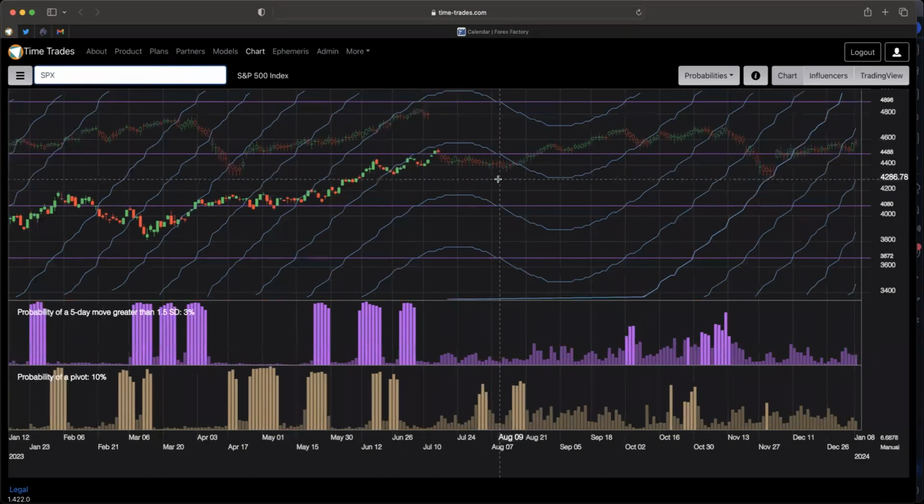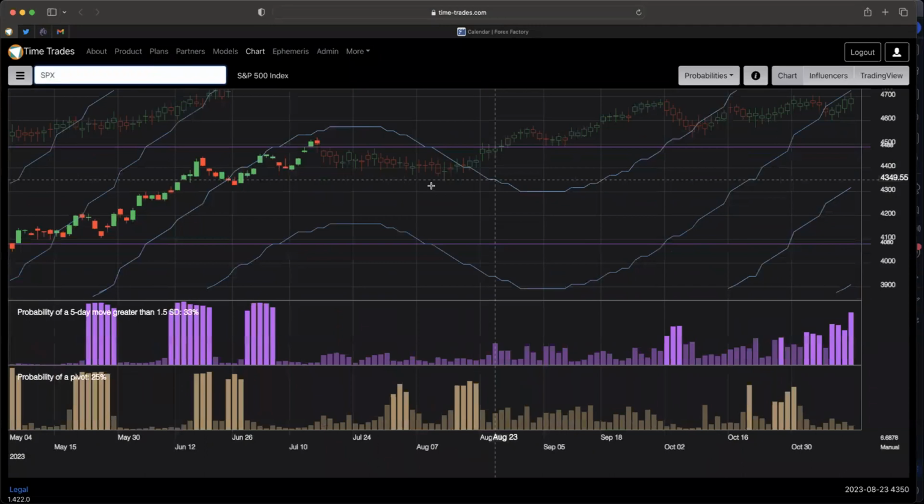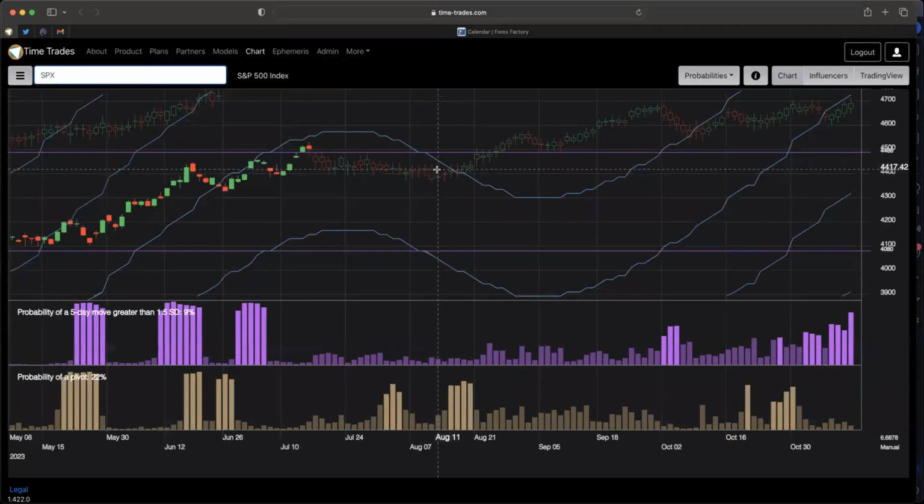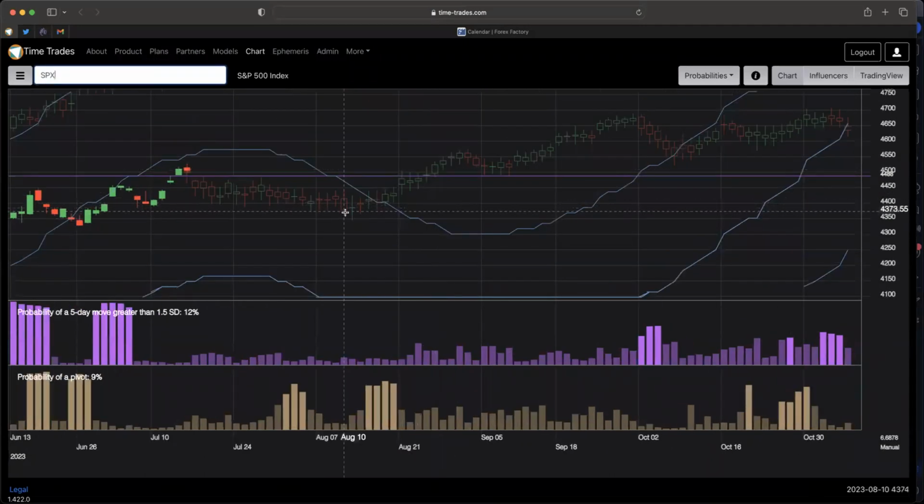If we zoom in here, we can see the lowest close of these little faint bars, which is the mass pressure index. That's around August 10th. It could definitely go lower here into August 17th, but we're going to go with August 10th for now based on the mass pressure index.